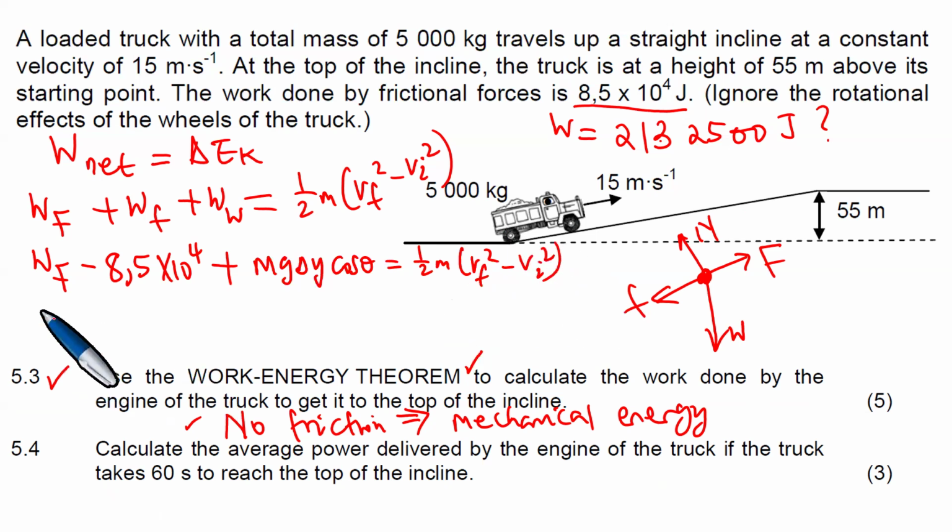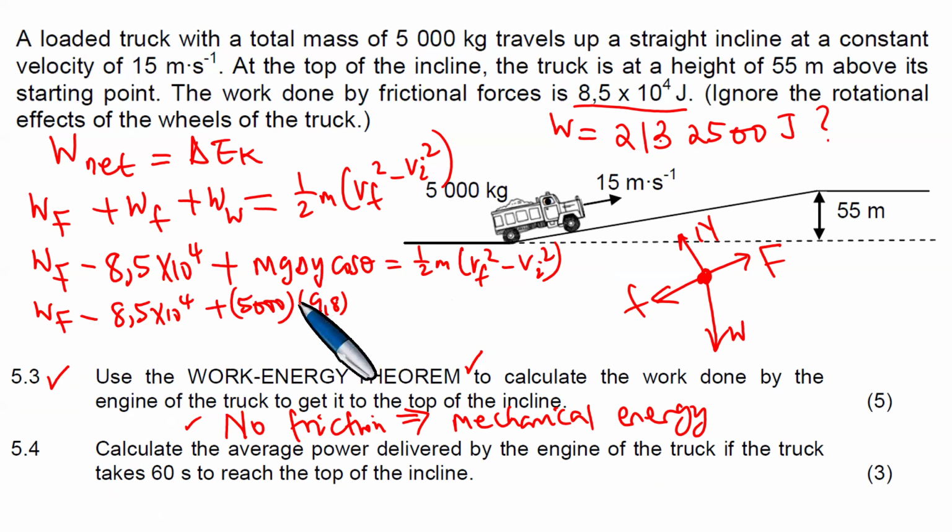Work done by friction is minus 8,5 times 10 to the fourth power. The mass becomes 5,000 kilograms of the truck. G is 9,8. Delta Y is exactly 55 meters.